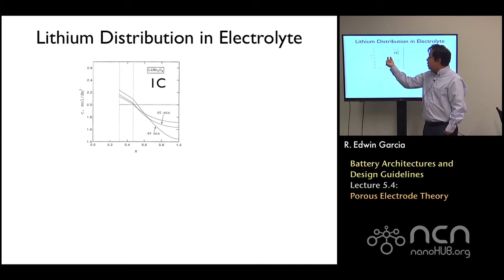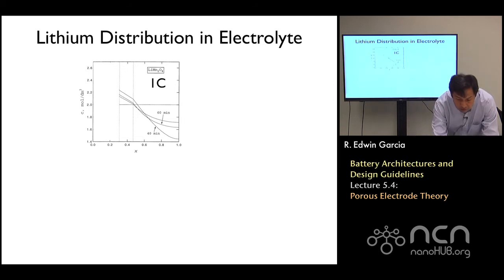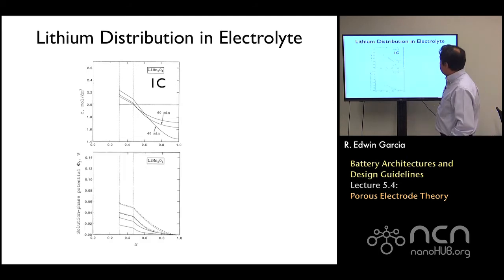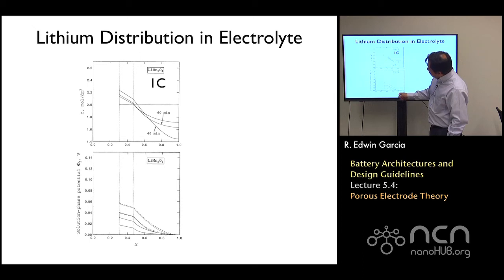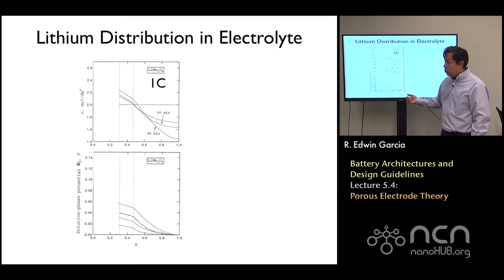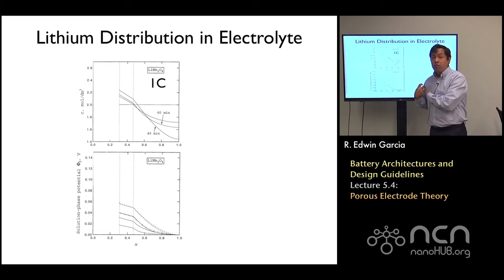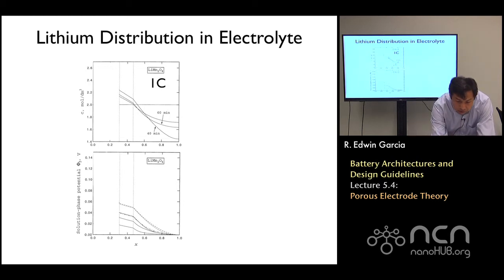Why? Because the front of the electrode can become more opposing to transport as the discharge proceeds, and there could be cases where the potential, as one would expect, on the separator side is flat, but it varies non-linearly as you go to the back as a result of the charge that you're removing and putting into the particles.